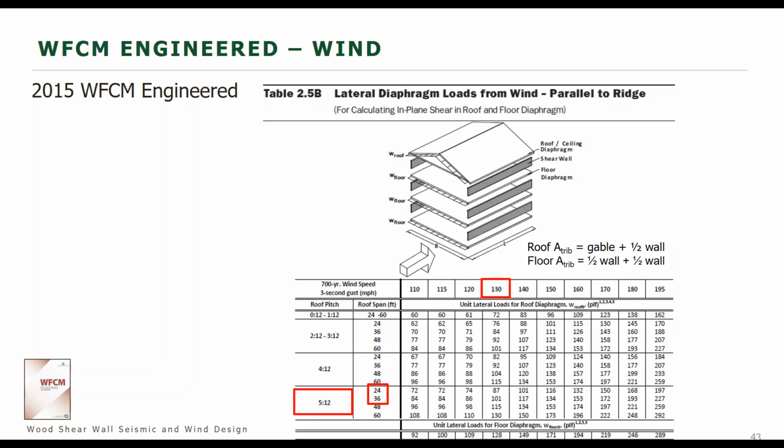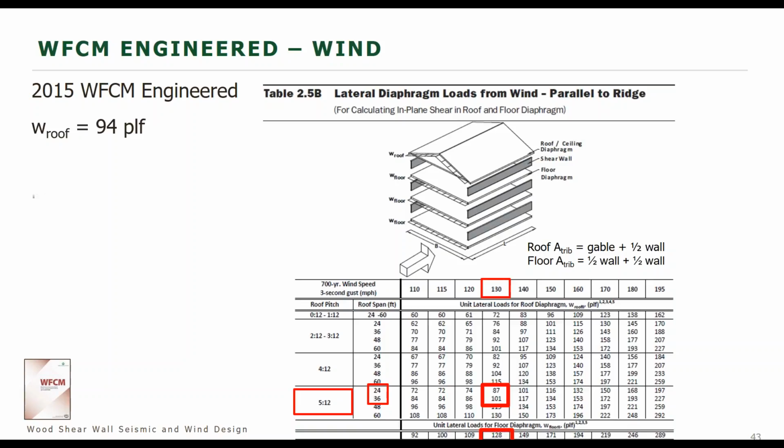We're still in the 130 mile per hour wind zone. So we interpolate here between that 87 and 101, and we get a roof load of 94 pounds per lineal foot. Our floor diaphragm loads are based on our wall heights, so half the tributary area of the second floor and half of the first floor.